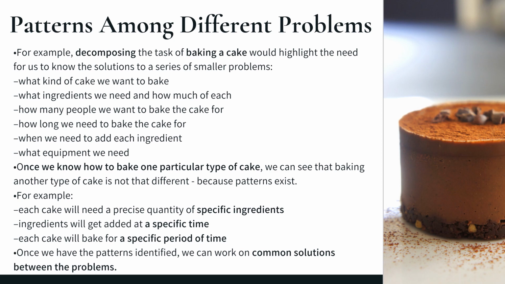I would follow the same technique, the same procedure for both chocolate and whatever other flavor. We use the same procedure, the same techniques, but there's one particular thing that we need to change. This is called patterns among different problems.